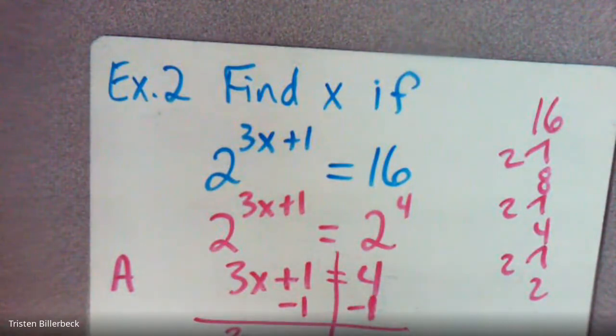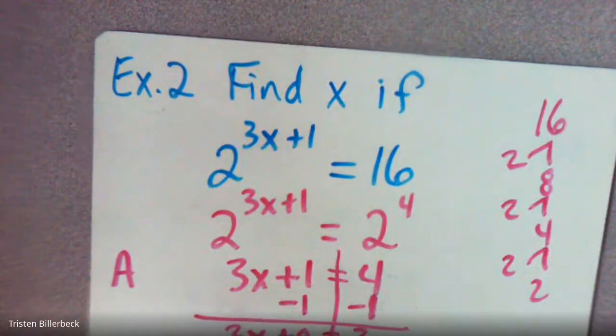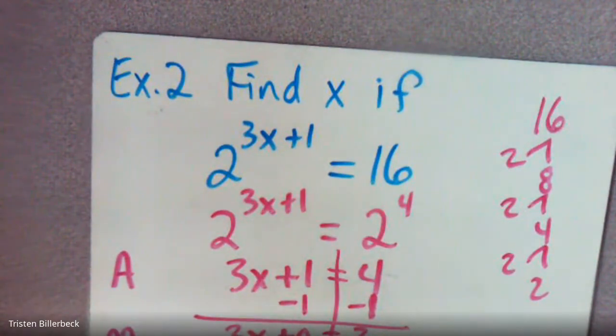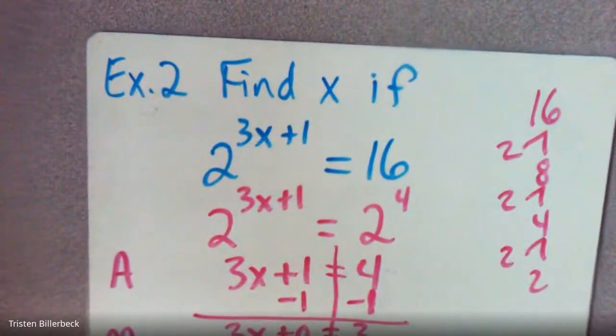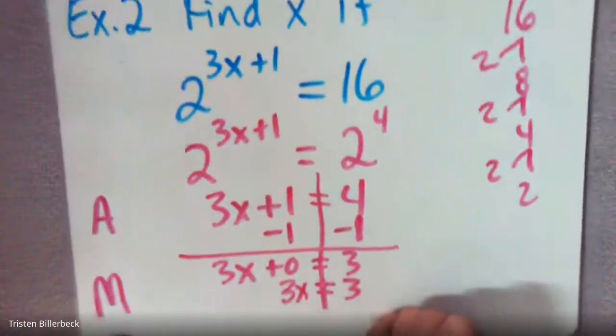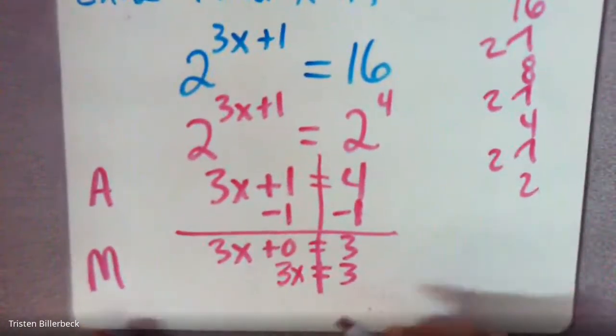And that gives us 3x plus 0 equals 3. So now we have one thing here, 3x equals 3. And we use a multiplicative inverse. So this is 3 multiplying x. What is the opposite of multiplying? That is right.